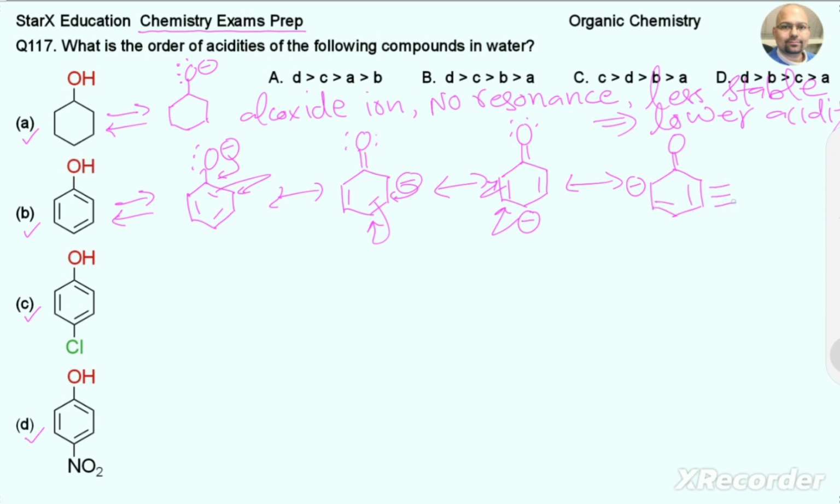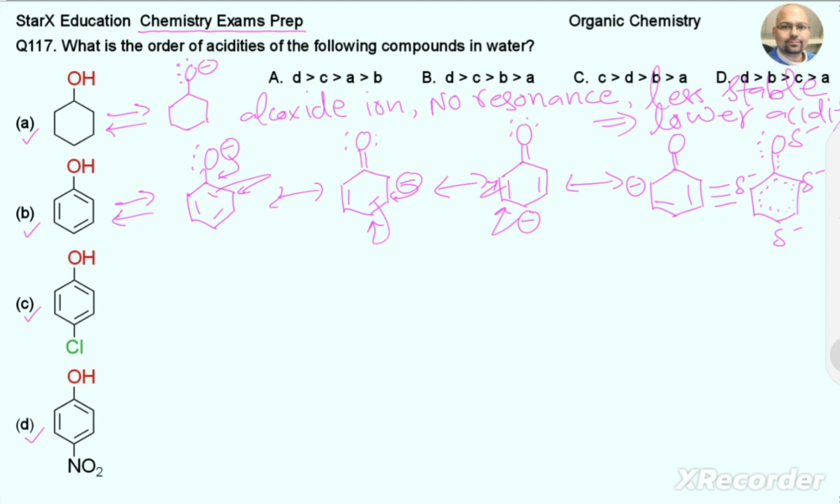Now we can draw the resonance hybrid of this conjugate base, where the oxygen gets a partial negative charge and there is a partial double bond in all of the carbons on the benzene. The ortho and para positions are now partial negative.